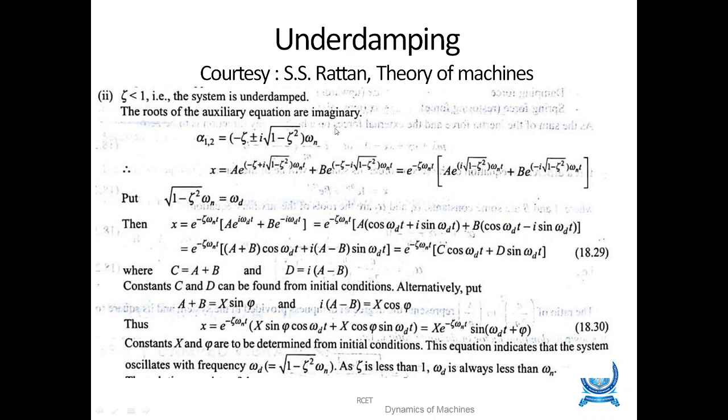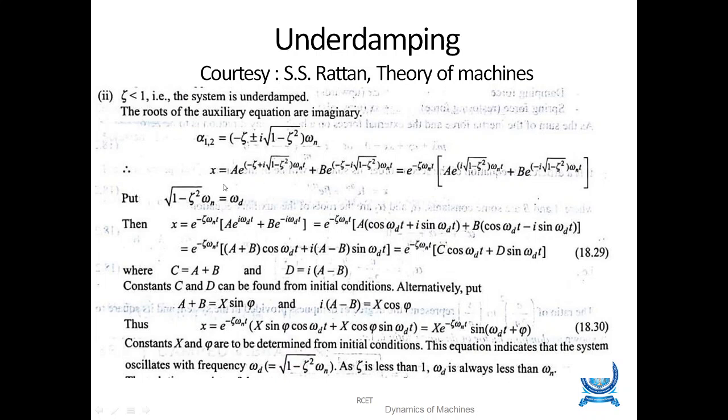Next, underdamping: eta is less than 1, when the system is underdamped. The value alpha 1, 2 becomes minus eta plus or minus i into root of 1 minus eta square into omega n, which is the velocity.